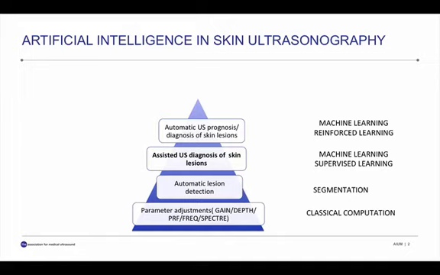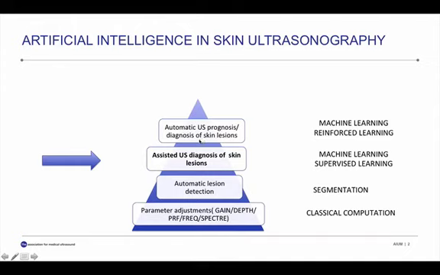By now, the basic classical computational step is just done. The automatic lesion detection is done, and we are now dealing with the problem of the assisted ultrasound diagnosis of skin lesions.